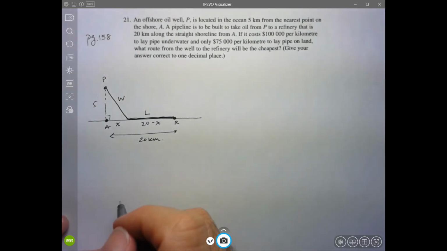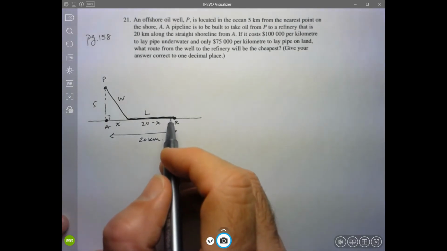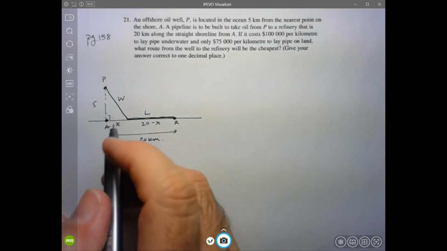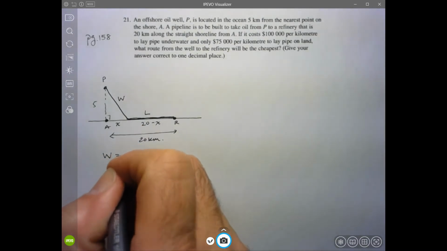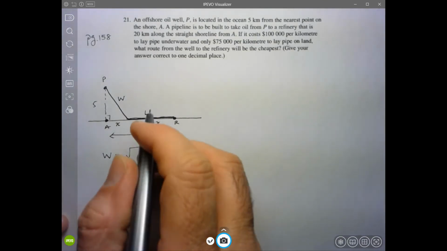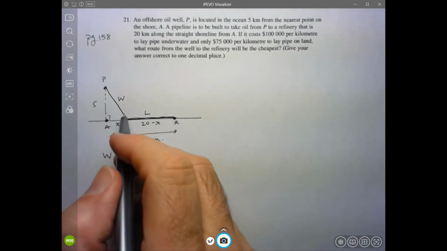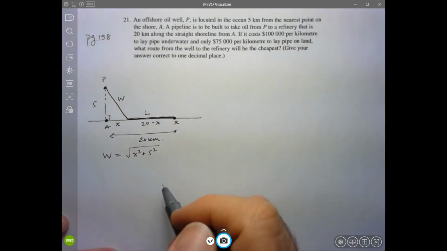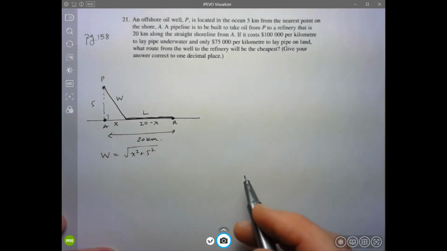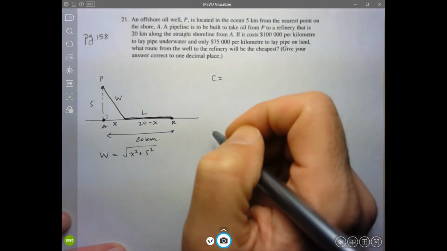Okay, and so we already have an expression now for the distance along the land, and now we can come up with an expression for the distance along the water. It's just going to be the square root of x squared plus 5 squared, just using Pythagoras. Okay, so now I'm ready to come up with an equation for the total cost here. The cost is going to be, well, what did we say?